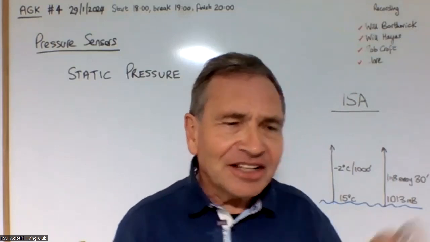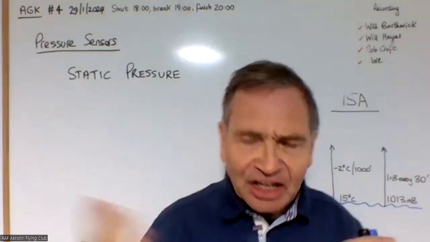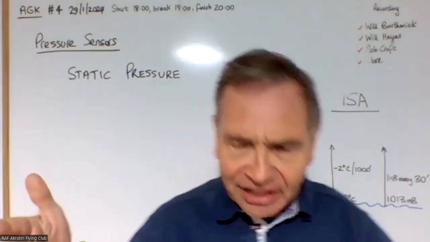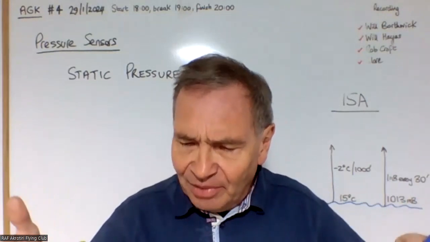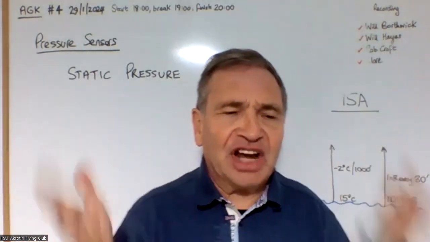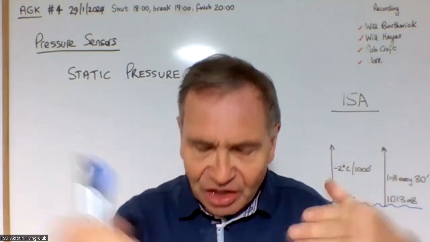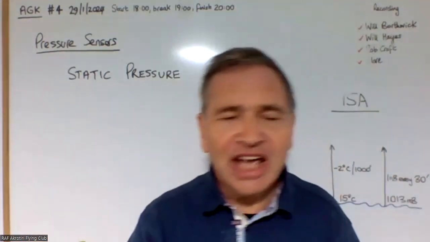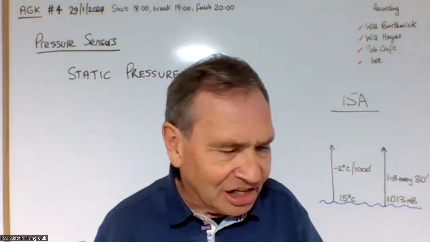Because anything that's moving through the air is going to create a lift force, which is going to create reduced pressure to create lift. We've got dynamic pressure because we're pushing something through the air, so there's some sort of air resistance that's going to cause the pressure to increase.